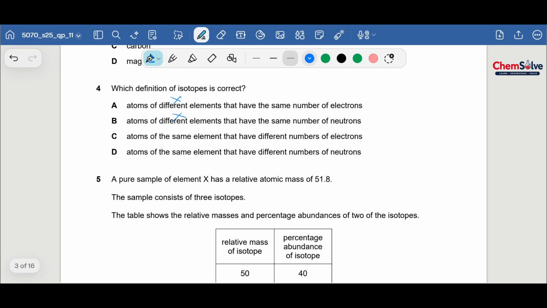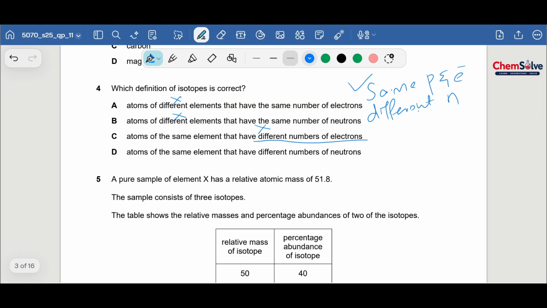Atoms of the same element which have the same protons and electrons and different neutrons. So option C is saying different number of electrons. No, same number of electrons.